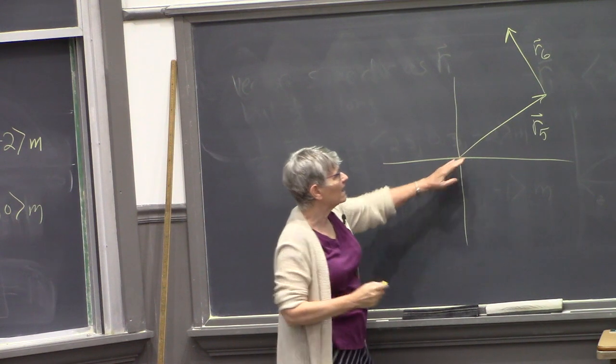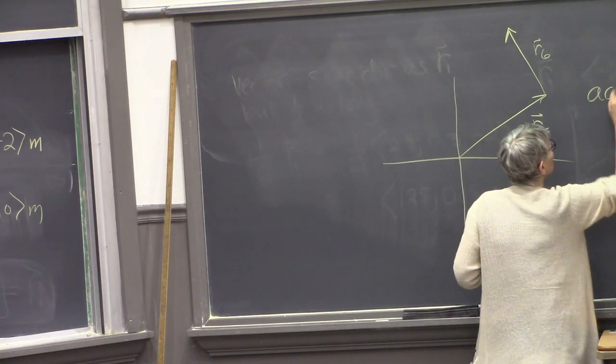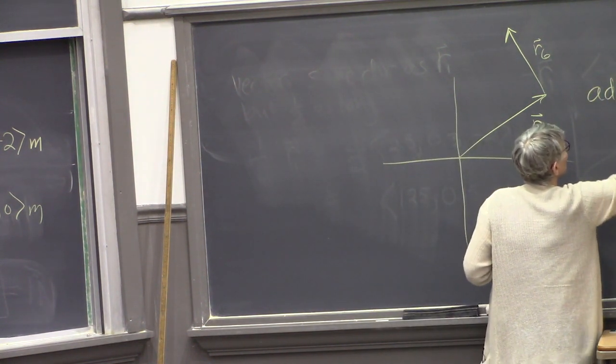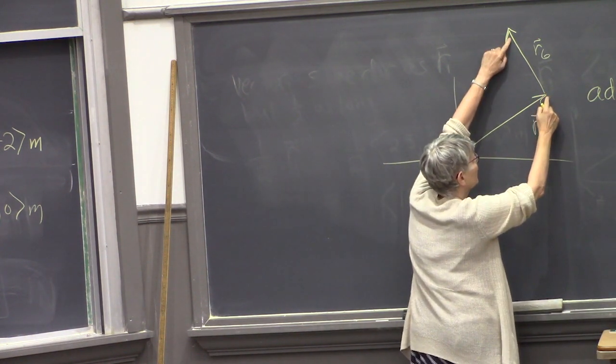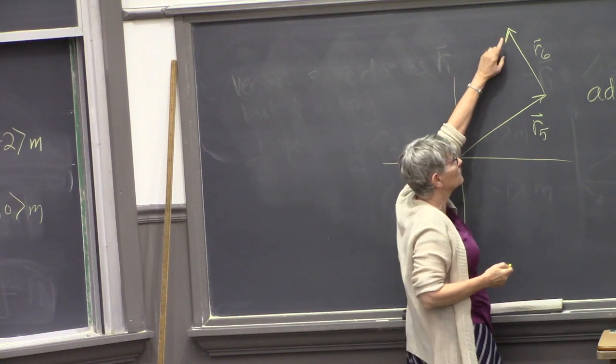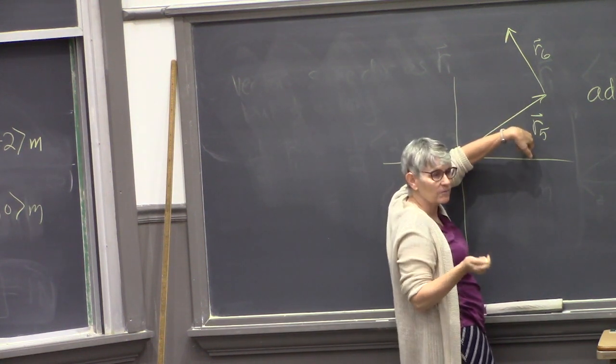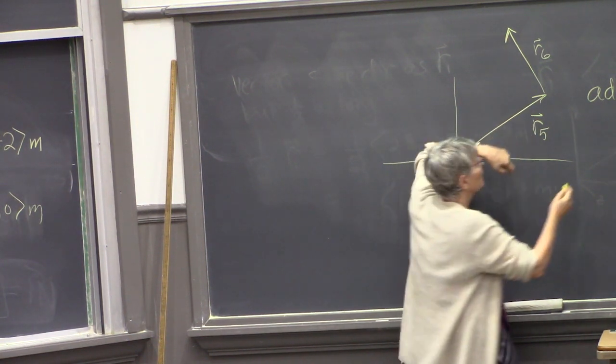The way we do addition is we put the tail of the vector we want to add to this vector at the tip. So the tail of R6 at the tip of R5.